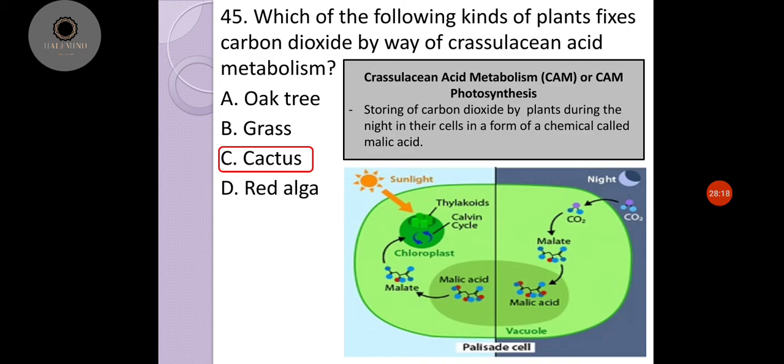Why cactus? Because cactus are considered Crassulacean acid metabolism or CAM photosynthetic na plant. Why? It's because during the night lang sila nag-i-intake or kumukuha ng carbon dioxide from their environment. Why?